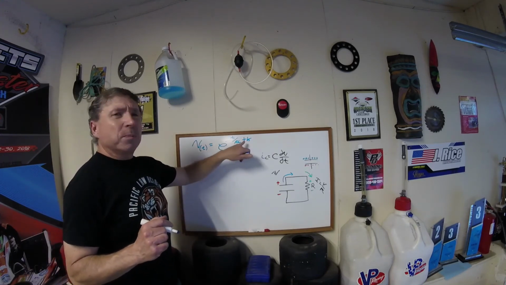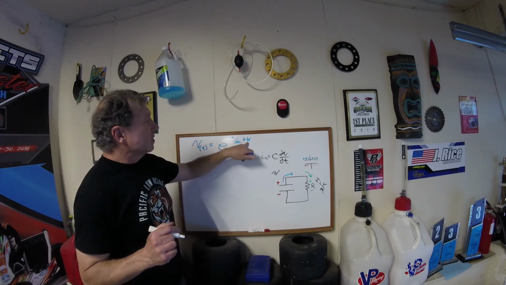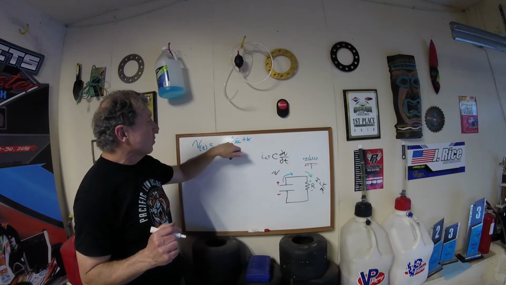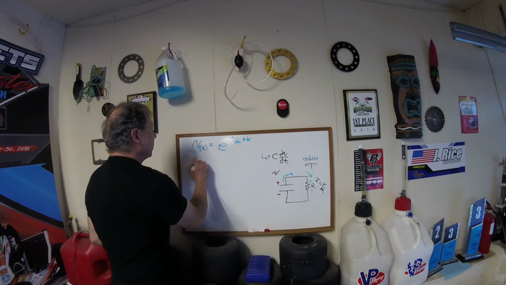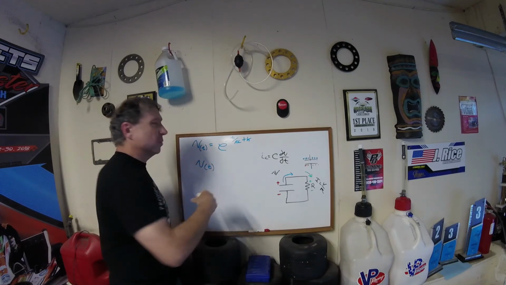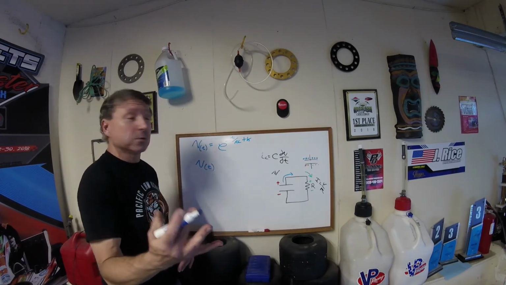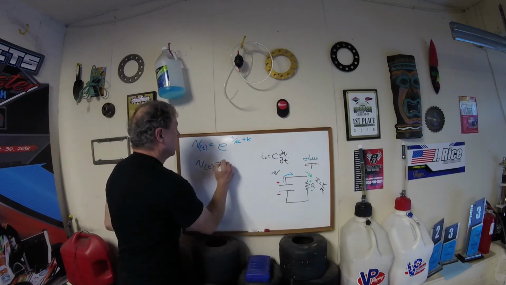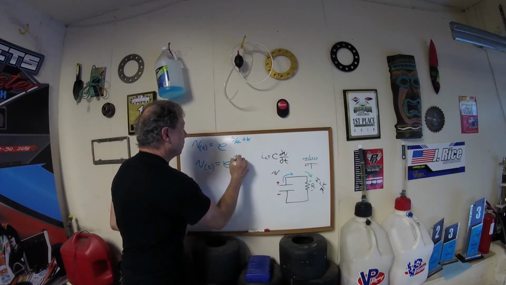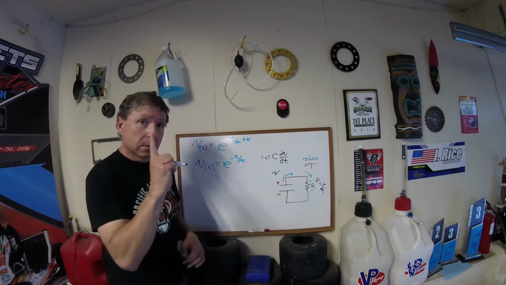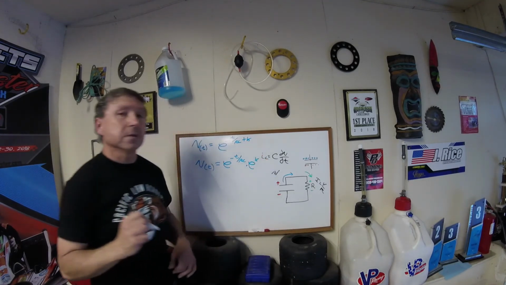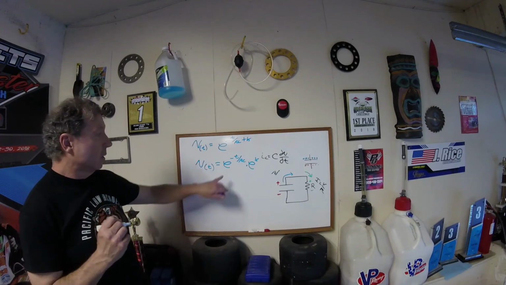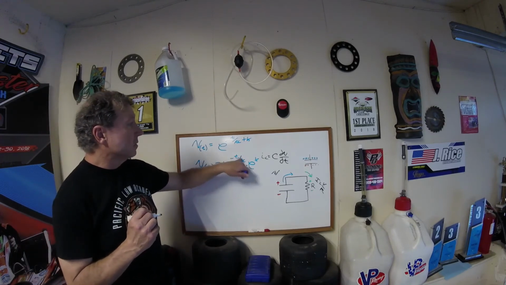This constant up in the exponent, since we're adding a couple of exponents, this would be the same as, this would be a little pre-calc or even algebra 2, maybe even algebra 1, e to the minus t over RC times e to the k, constant. Right? Multiply the same base.